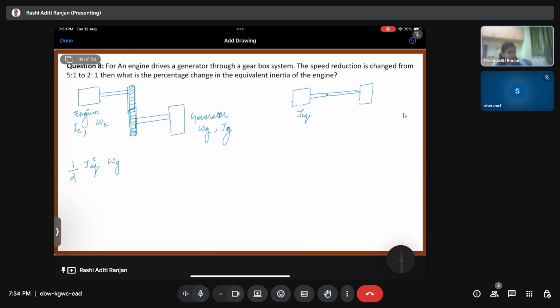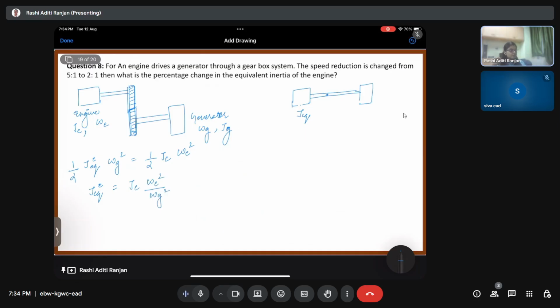So it should be equal to half JE, and here we'll have omega E square. This relation I can use to find J equivalent. So by this relation, J equivalent for the engine is nothing but JE omega E square by omega G square.